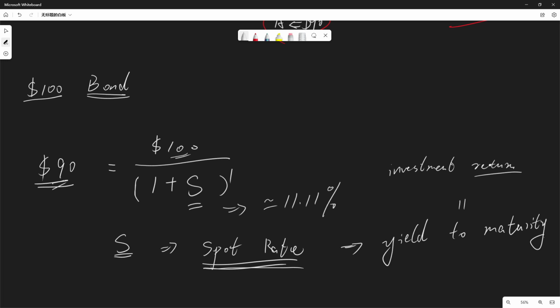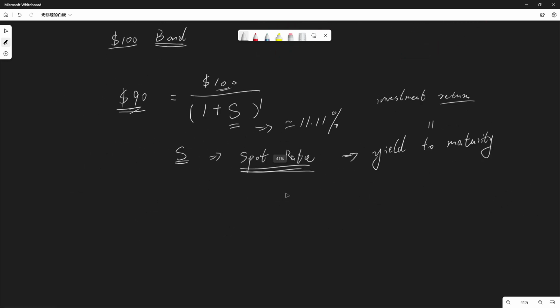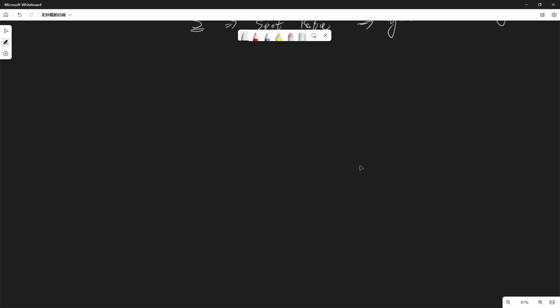Okay? If all that makes sense, you can even simplify it by using $1 as a par value and a zero coupon bond, that special bond, as the final payment, and you divide it by that spot rate, from time 0 to time t, and this time t can be multi-period.